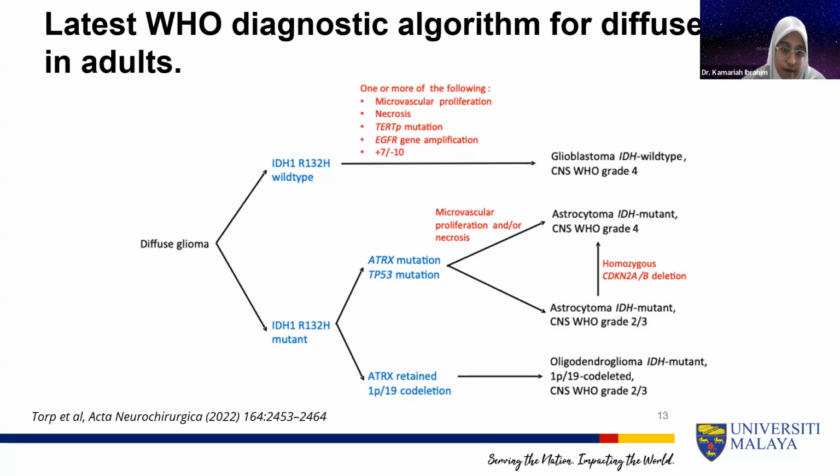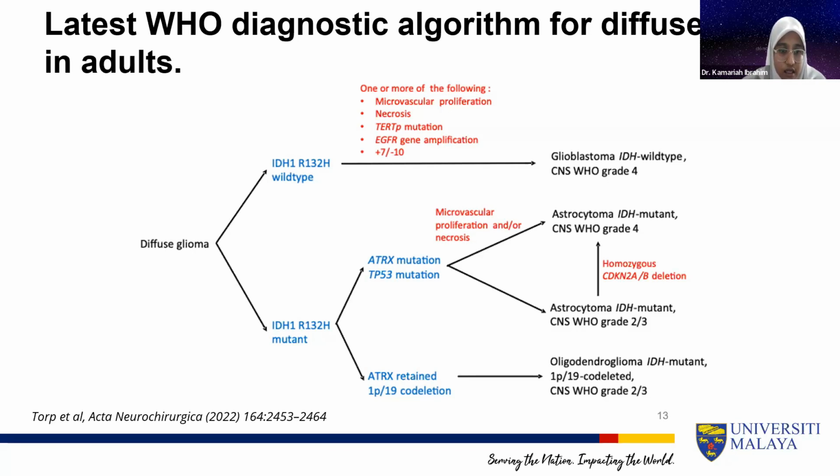Okay, so you can see here that for IDH1 R132H wild type, if one or more of the following are in the samples: microvascular proliferation, necrosis, TERT mutation, and EGFR gene amplification, as well as a score of +7 or -10, it's a straightforward classification where the disease will be classified as glioblastoma IDH wild type and WHO grade 4.